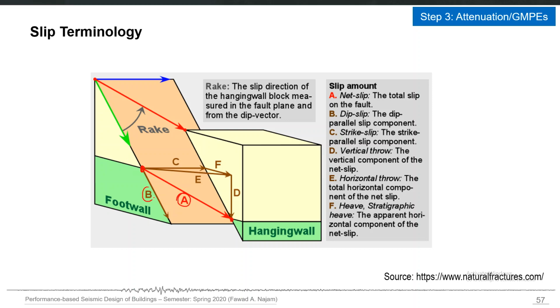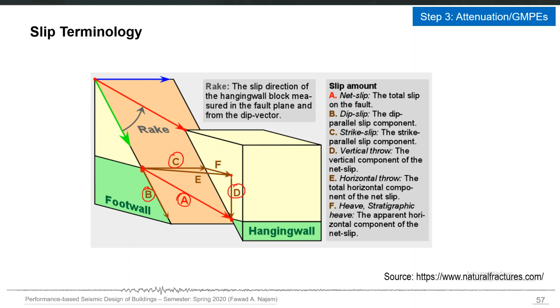This B will be in fact the actual dip slip. The actual slip may be the mix of strike slip and dip slip, but the B distance is the actual dip slip. C is the strike slip, the horizontal slip, and similarly D is the vertical throw.